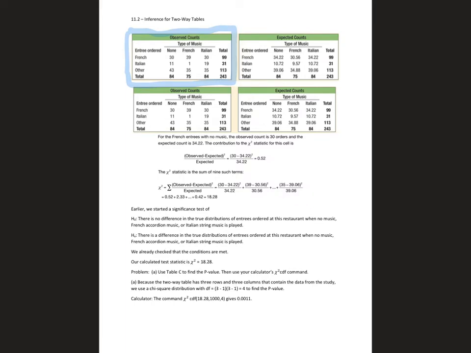If you wanted to see that, it is row total 99 times the column total of 84, and you divide that by 243. That's how we get the 34.22.